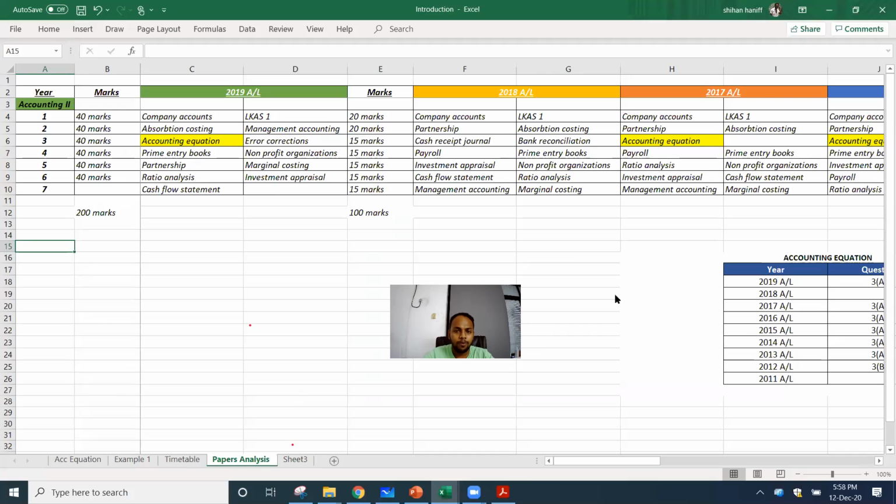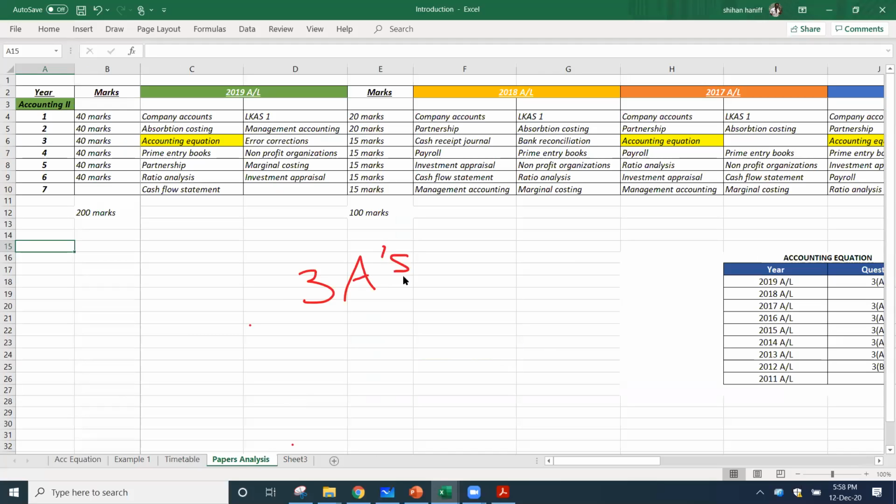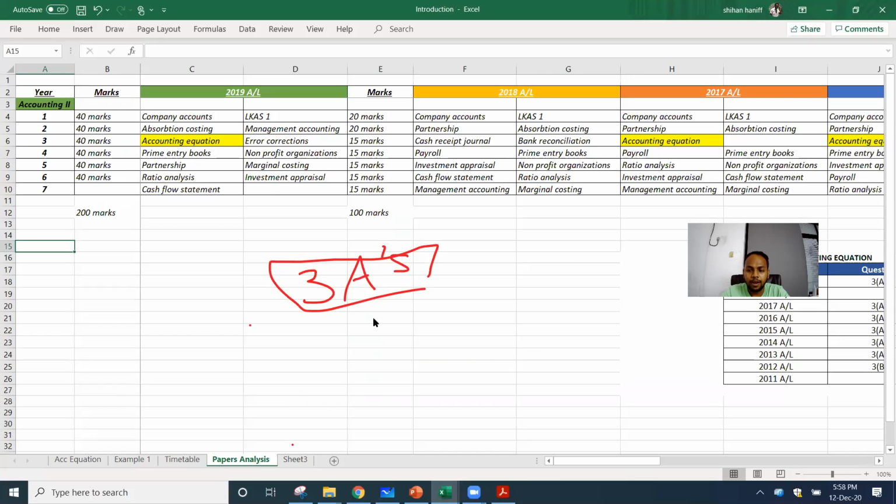Now, my main target is getting 3 A's. Right? Getting 3 A's is not difficult in A level. You don't need to be an expert, the most talented person to get 3 A's.